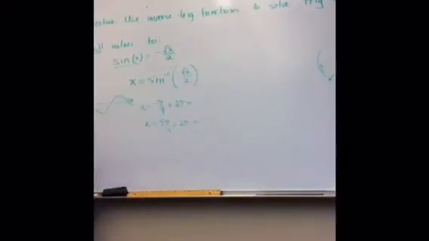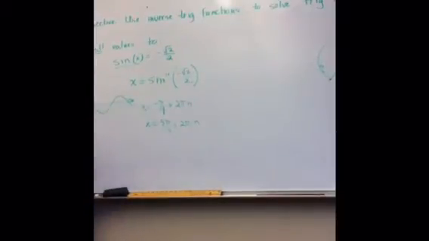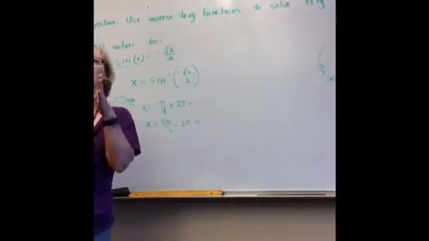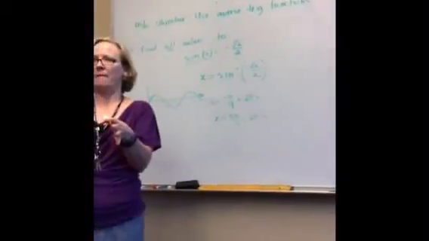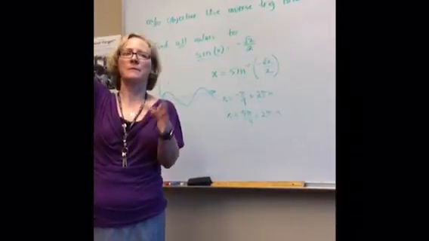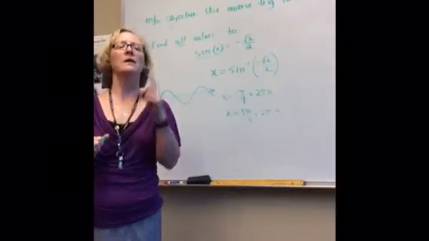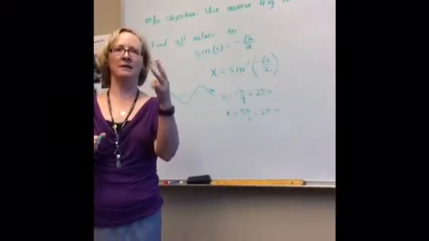Jules? Is it usually going to be 2 pi n added? What would it be 2 pi n for? Anybody in here that knows? Carolyn? Sine, cosine, secant, and cosecant.